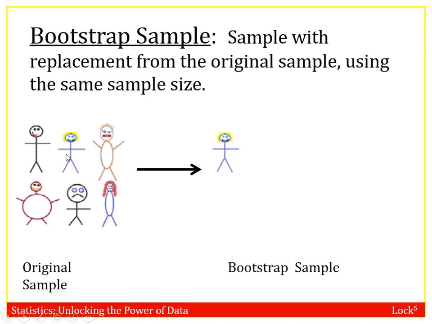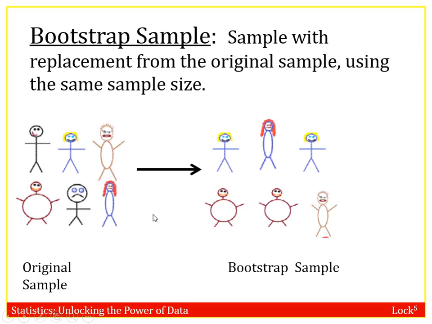Then we put them back because we recorded our results. We randomly select another one, we get the red-headed. Then we still have our original 6, and we randomly select another person. It happens to be the blonde one again. Then we randomly select and get this round one, and the round one shows up again. Then we do our last one, and we get the scary looking one here with the way the face is. But this is our bootstrap sample.